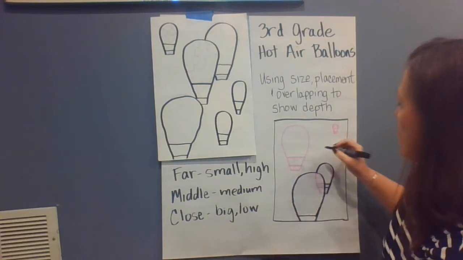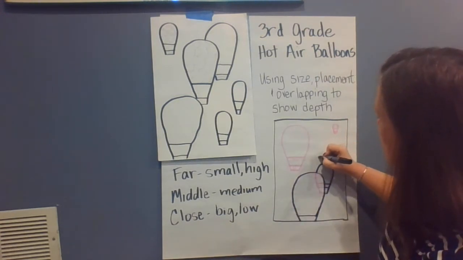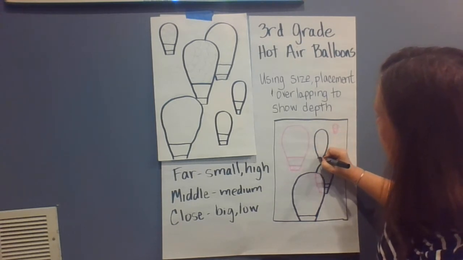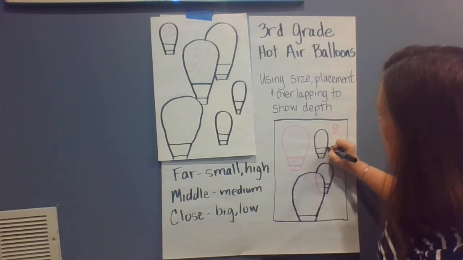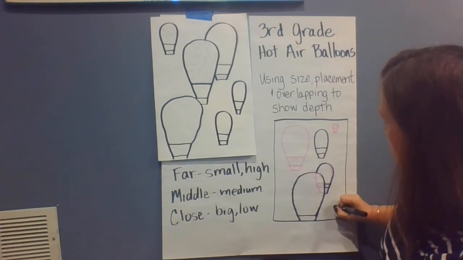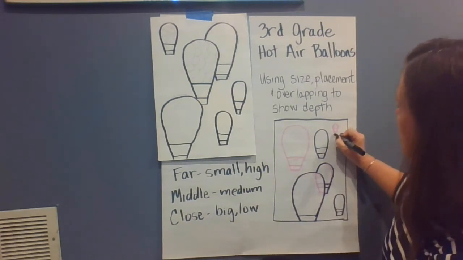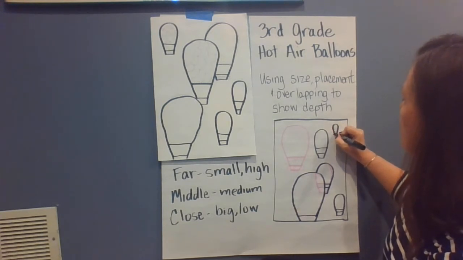We'll do a couple more. Maybe this one is small, but that's because it's lower, but it is much further away. So we're going to draw a couple of those balloons.